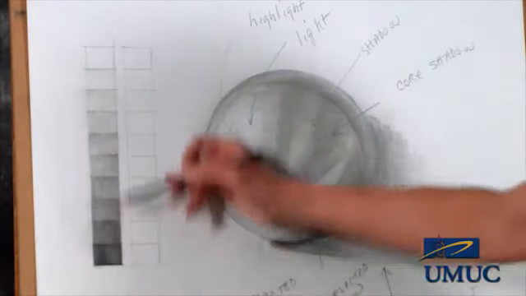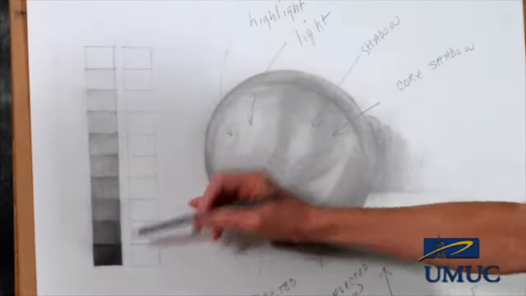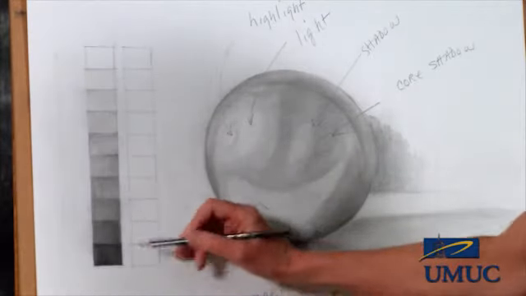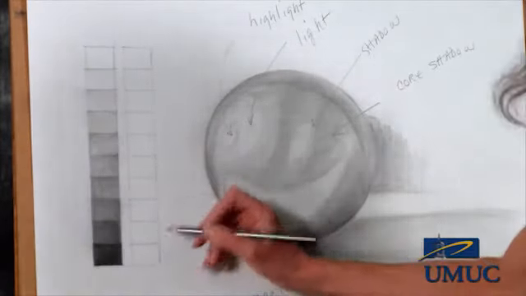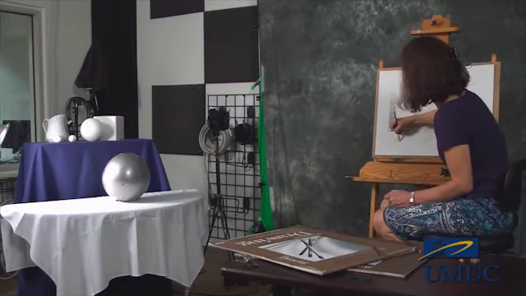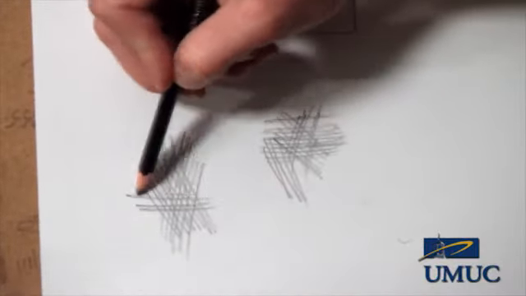With our value scale, there's numbers of ways that we can describe value, not always with just a solid surface. I can introduce cross-hatching. That's a way of creating value without a continuous tone, but rather hatching your line and cross over hatching multiple times depending on how dark you want the surface.